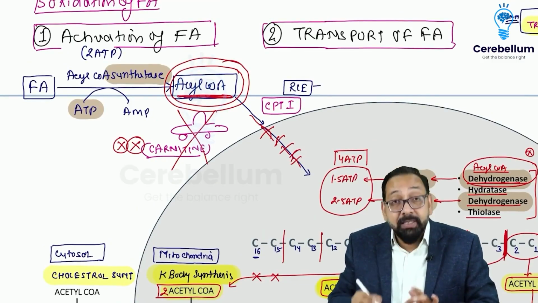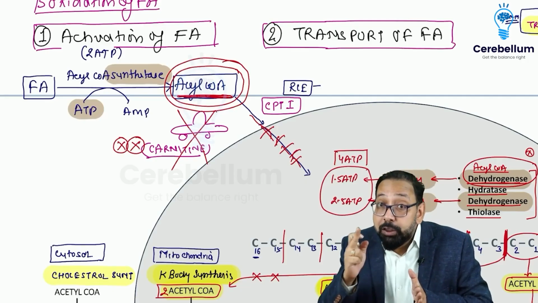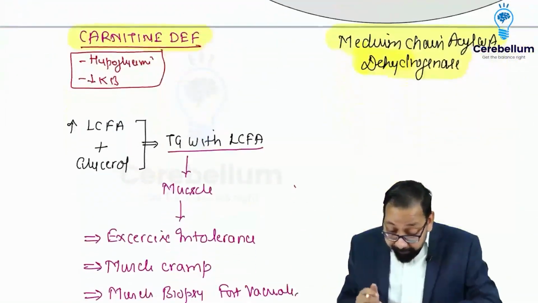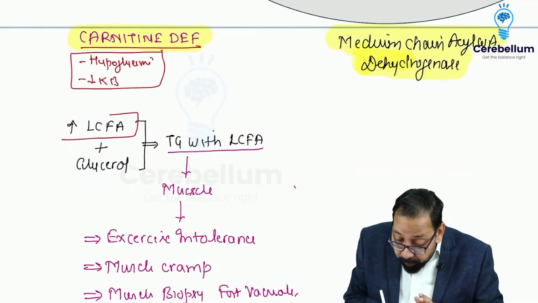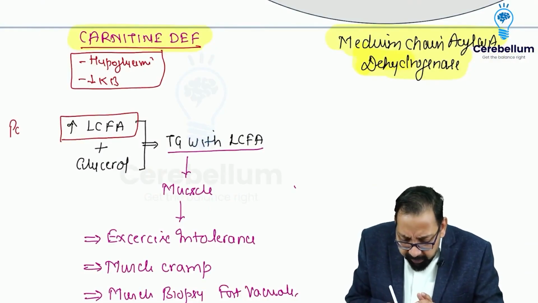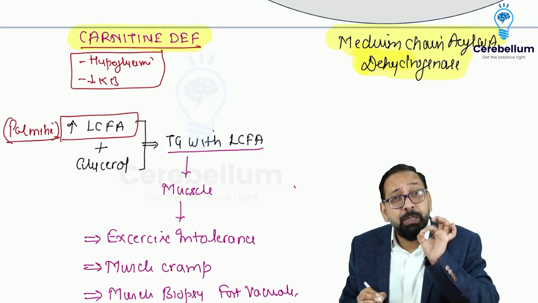This fatty acid will bind with glycerol to form triacylglycerol. Point it out: this is long chain fatty acid. Why did I tell you long chain fatty acid? I took the example of palmitic acid, a long chain fatty acid.